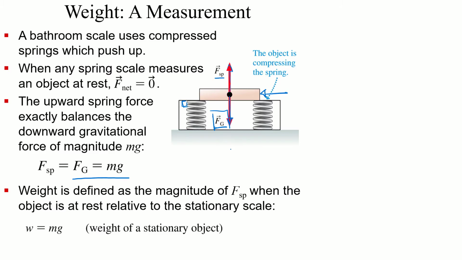If you go through the text, they spend a bit of time talking about this in more detail. If this whole setup is accelerating, though, you're no longer in equilibrium, so there's an apparent weight. But rather than go off on this tangent, because I want to get through a quick example, the idea is mass is an intrinsic property of the object.